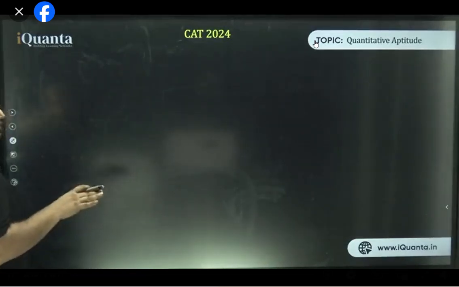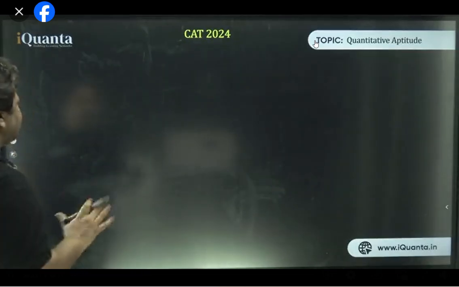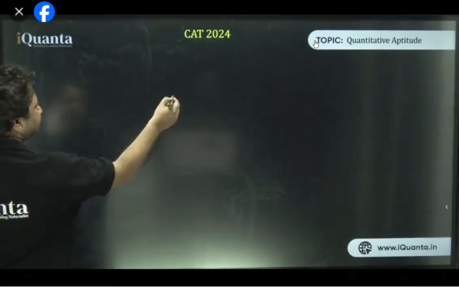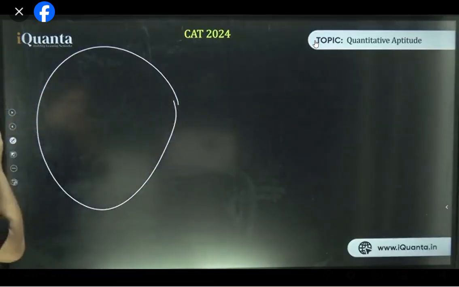So the question will not be on quadrilaterals, it will be on triangles, because we've done triangles. It's a good question, you'll enjoy it. So the question goes like this. We have a circle. Doesn't look like a circle, right?